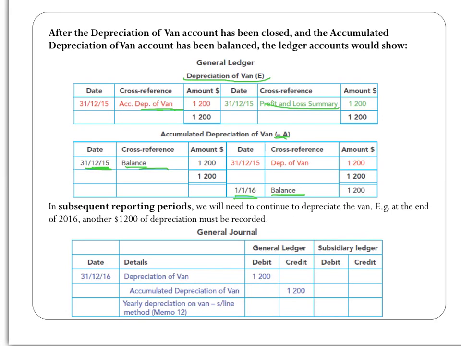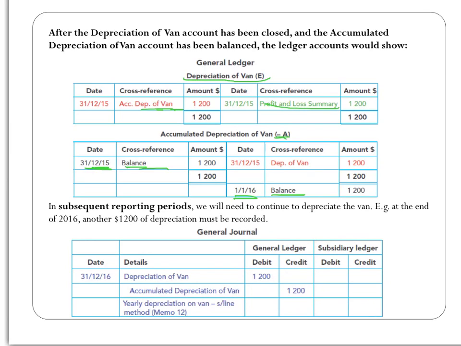Alright, in subsequent reporting periods, we will need to continue to depreciate the van. So at the end of 2016, another 1,200 of depreciation expense must be recorded. You'll just need to do the same thing, okay?